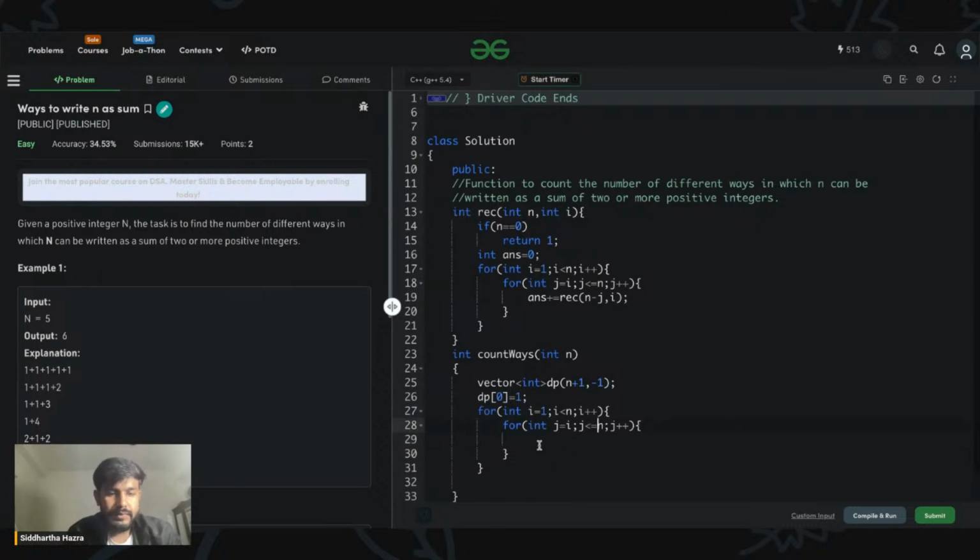Okay, now at this point we would say dp of this number is equal to dp of j added to dp of j minus i. Okay, recursion of j and then j minus i, combine both.